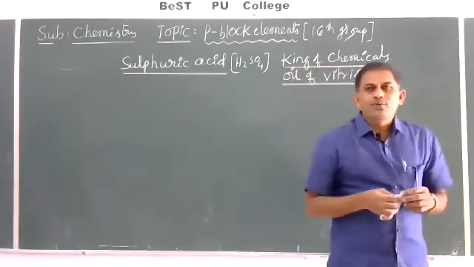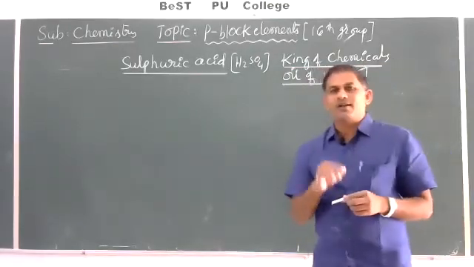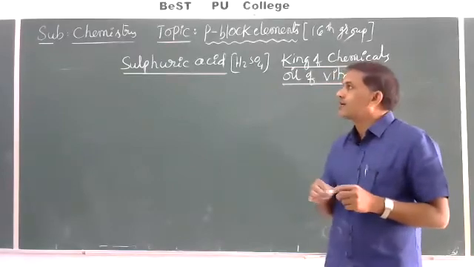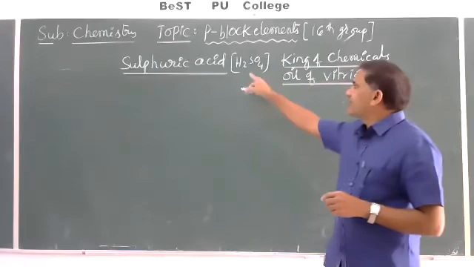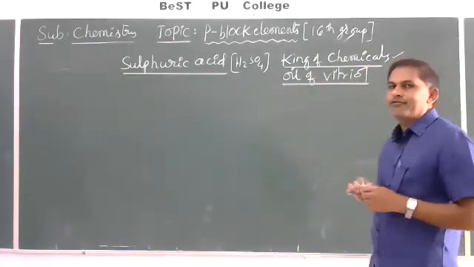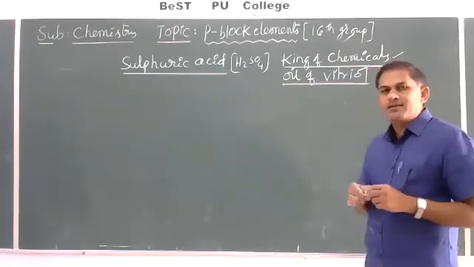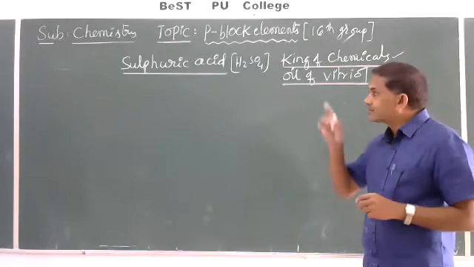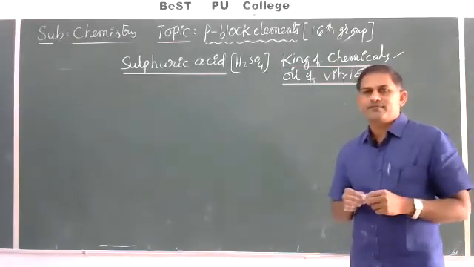So one of the most important questions is here in 16th group elements. So we can expect one 3 marks question on the basis of sulfuric acid. Your sulfuric acid formula is H2SO4. It is called a king of chemicals. Why is it called a king of chemicals? In industry or in any other chemical reactions, this sulfuric acid is widely used in different chemical processes.